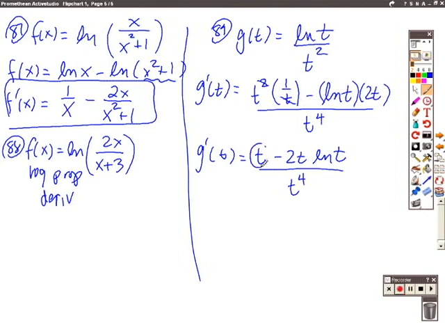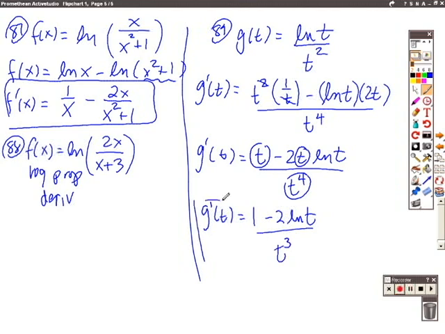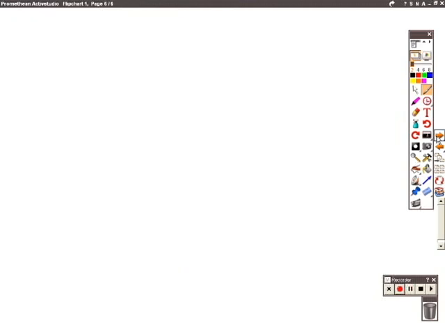Here's a t, here's a t, and here's a t to the 4th. Now the t with the ln does not get reduced. If I divide every term by t, I will get 1 minus 2 ln of t over t cubed. And I think you can handle that simple reducing. If you did the product rule, your answer might look a little different, but it should be the same, just re-expressed. Number 90. Almost done here.